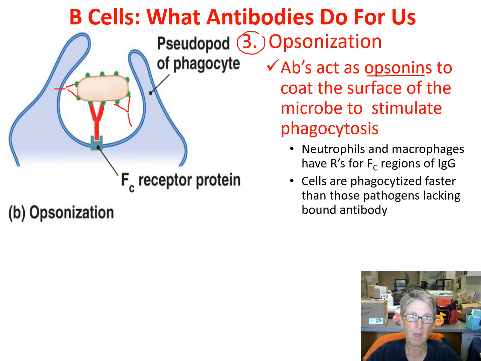When this bacteria is covered with antibodies and this phagocyte has an Fc receptor here, it can bind to the Fc portion of the antibody, and that antibody is bound to a bacteria, and now the phagocyte can engulf the bacteria and destroy it.